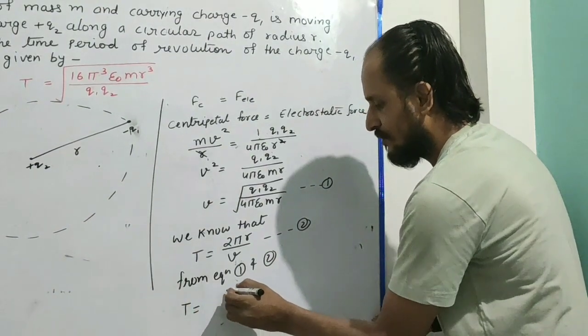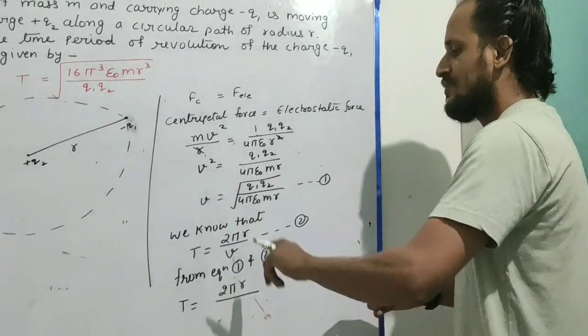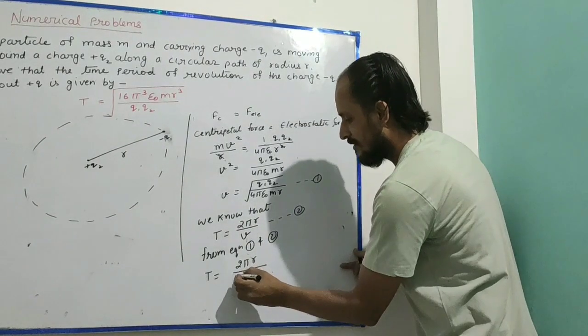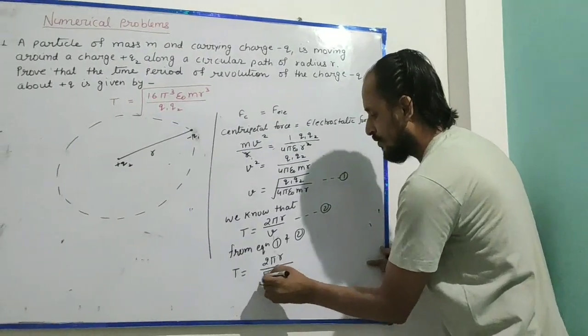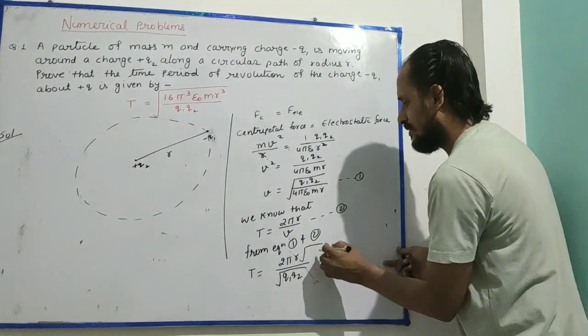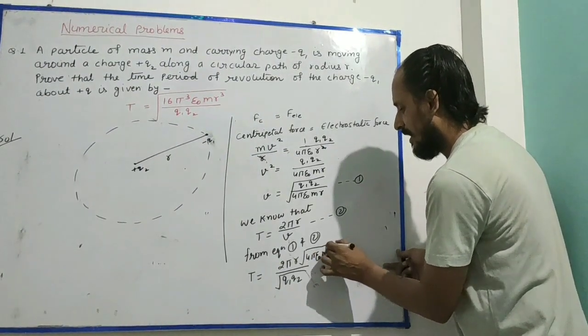T is equals to 2 pi r upon v, so it becomes reciprocal, q1 q2 under the root 4 pi epsilon naught m r.